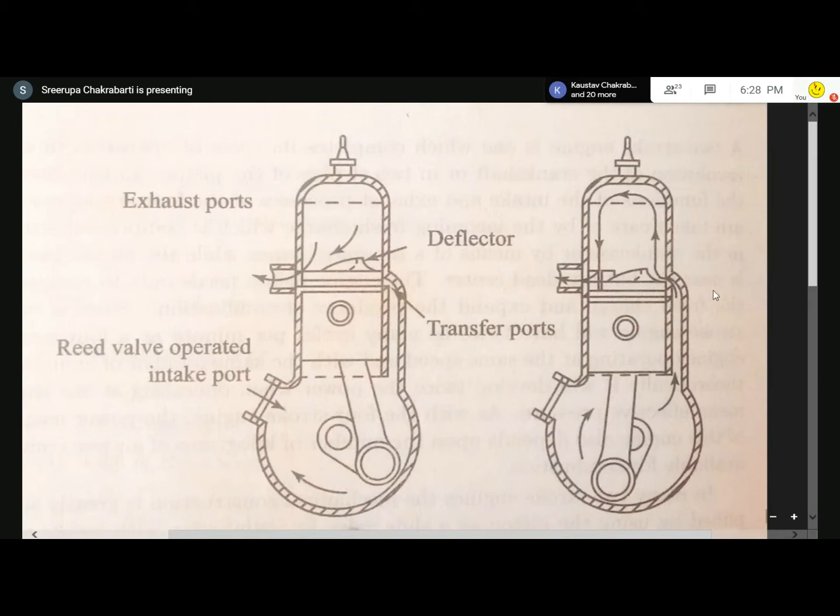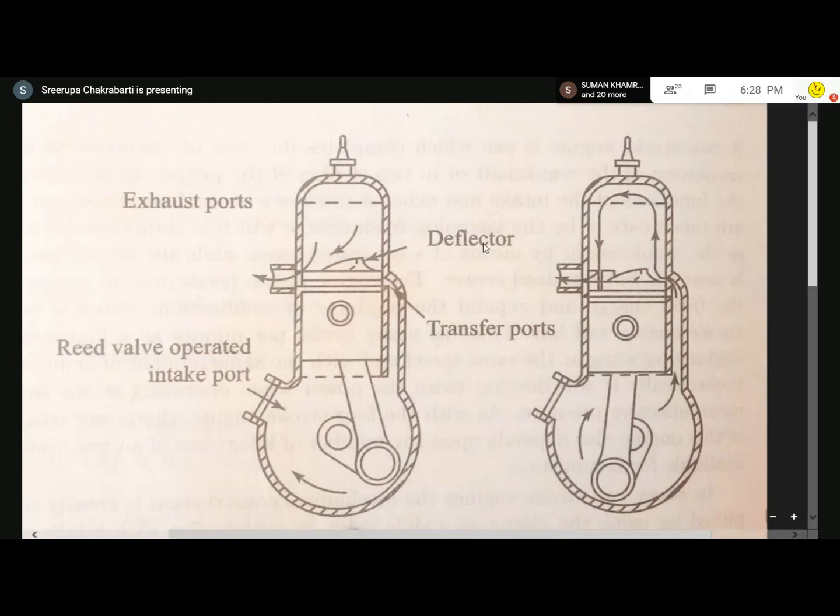We want the gas to move after entering into the cylinder in a predefined path. This kind of movement of the gas is desired in order to initiate the process which is called scavenging. The scavenging, as you know, is a process where we are utilizing this gas to drive out the products of combustion.